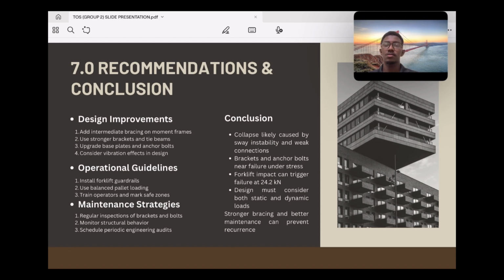Plastic analysis found that a forklift impact of 24.2 kilonewtons could collapse the empty frame. This case shows that design must consider both static and real-world dynamic loads. By implementing better bracing, better connections, and proper inspection routines, similar failures can be avoided in the future.